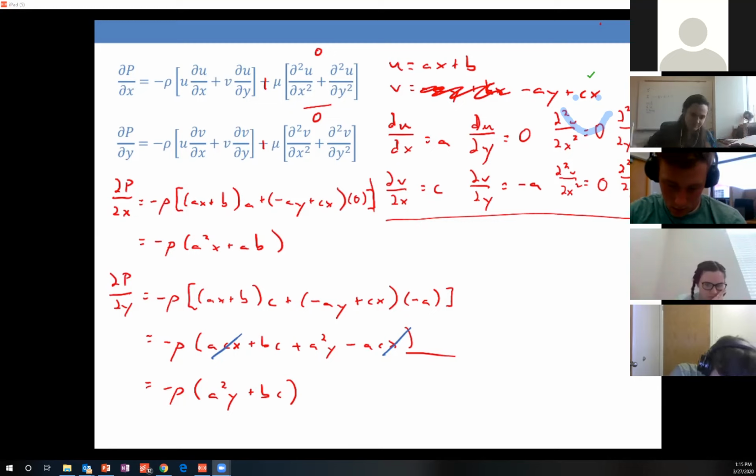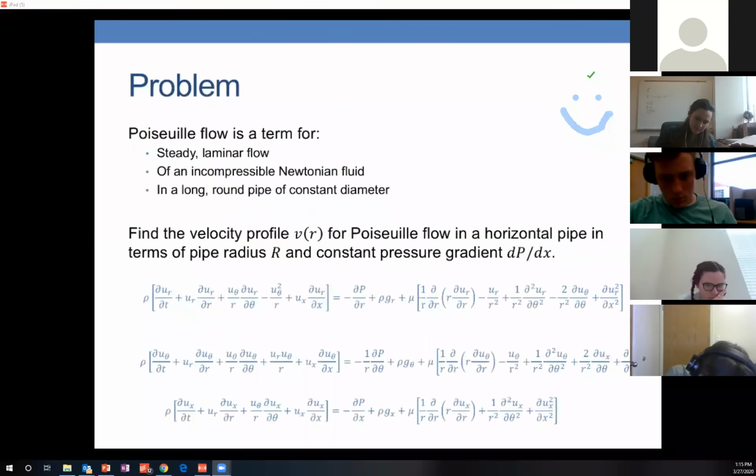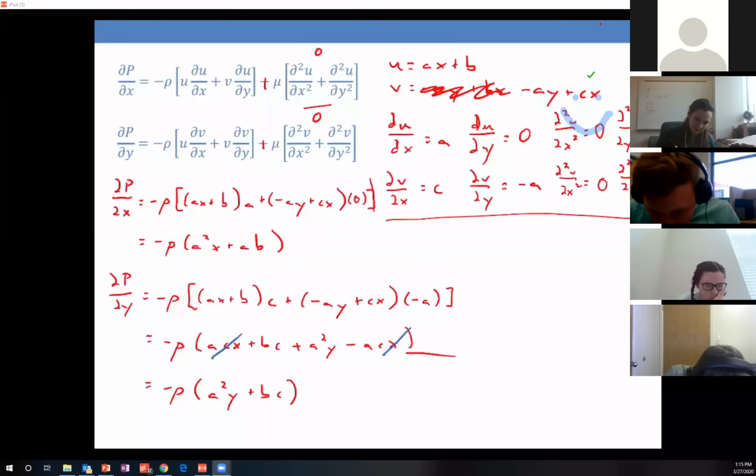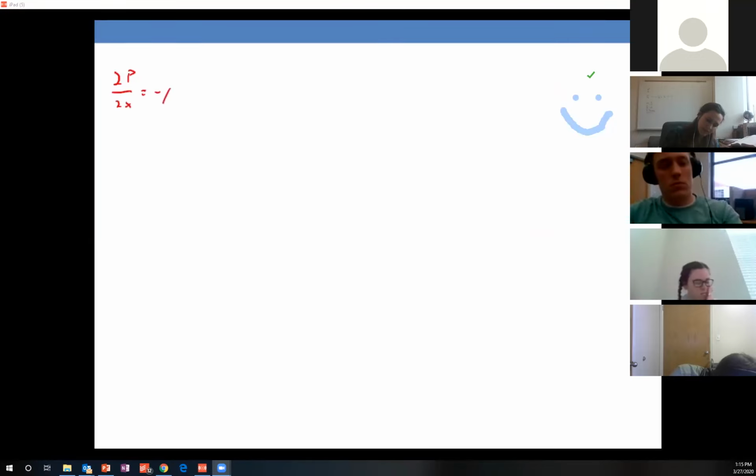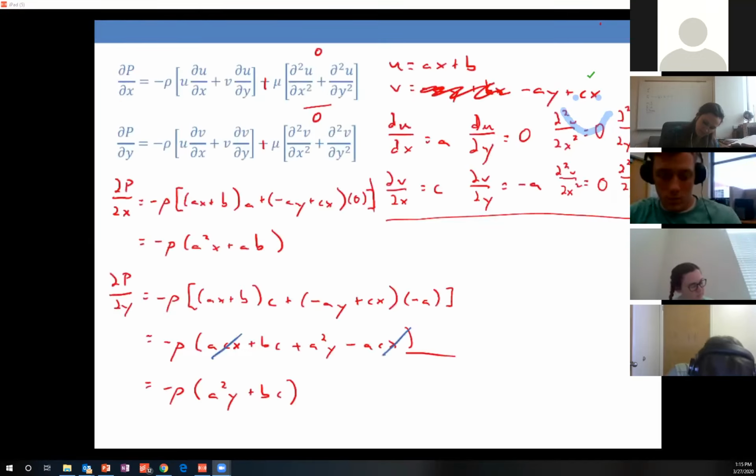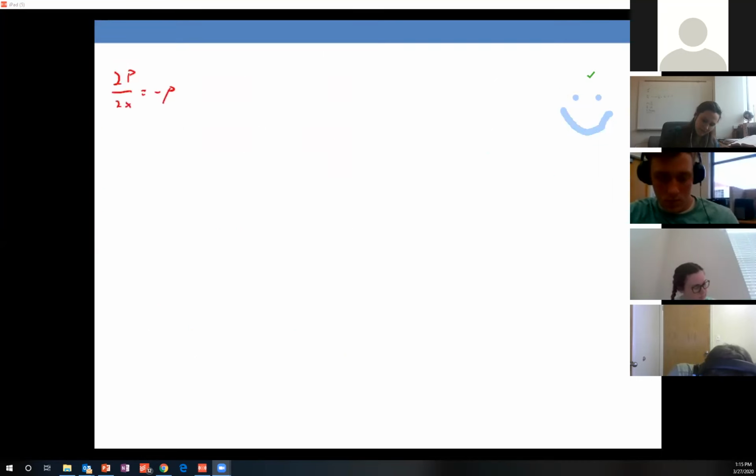Let's start with the x one, which is dp dx is equal to negative rho a squared x plus ab.